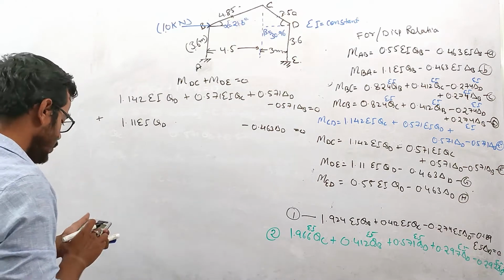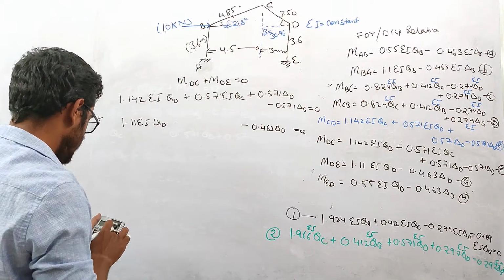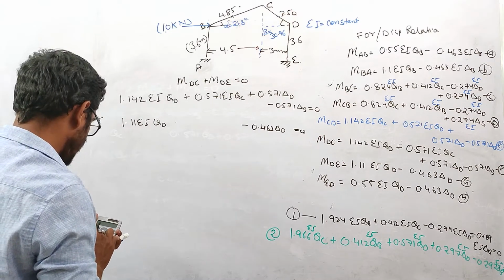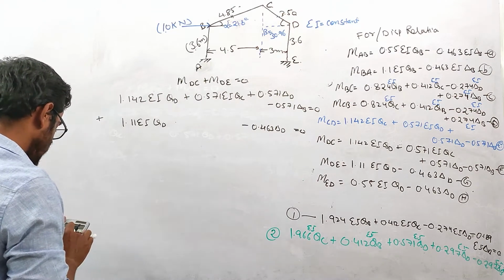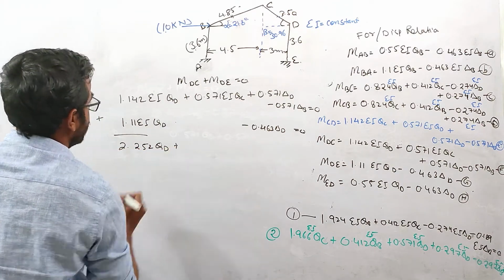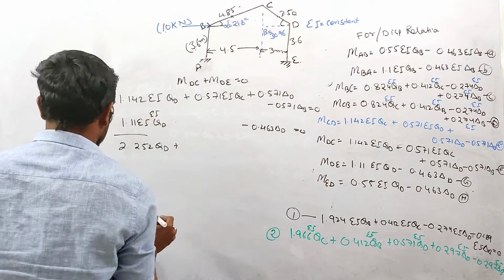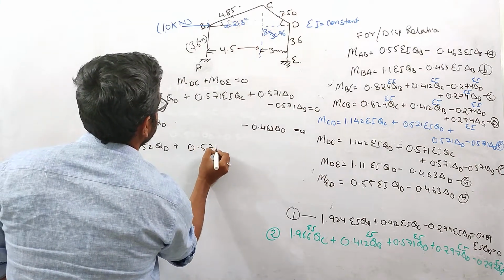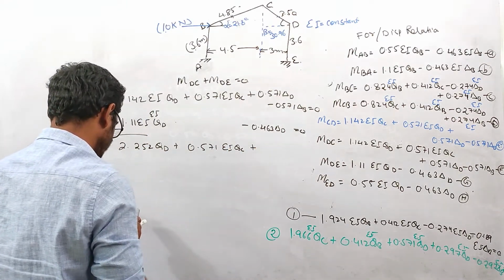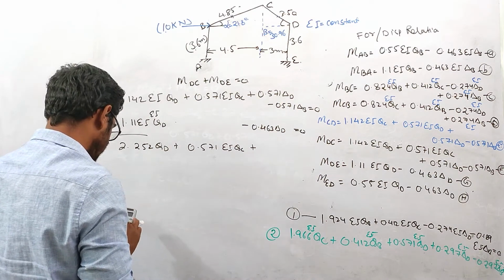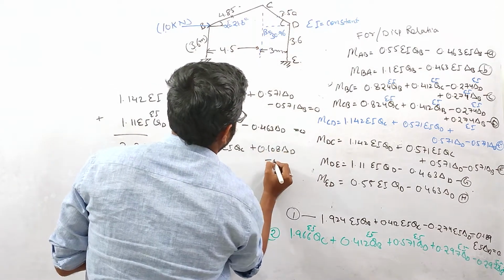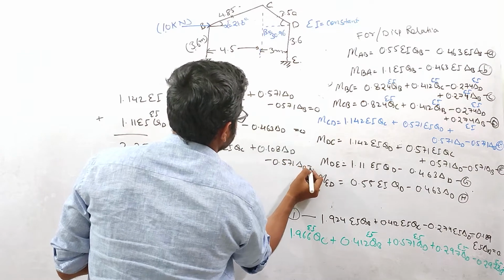So if you add these two equations, the value will be 1.11 plus 1.142, so this is 2.252 theta D plus, I'm not writing EI over here, 0.571 EI theta C plus 0.571 minus 0.463, so this is 0.108 delta D minus 0.571 delta B, which is equals to 0.